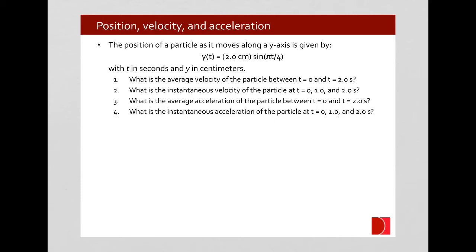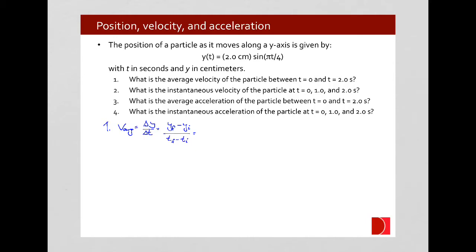If we are interested in the average velocity, it will be our change in position over change in time. If we're interested in the average velocity between t equals 0 and t equals 2 seconds, that will be the final position minus the initial position over the final time minus the initial time.